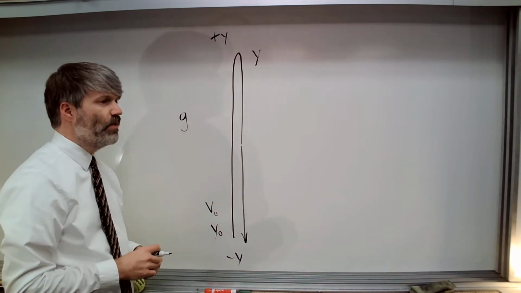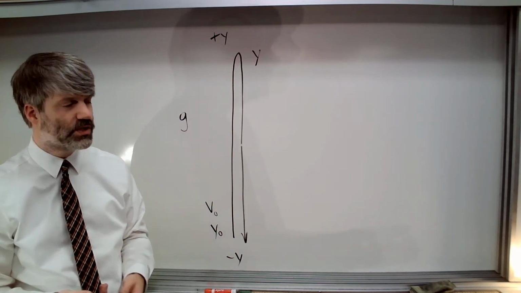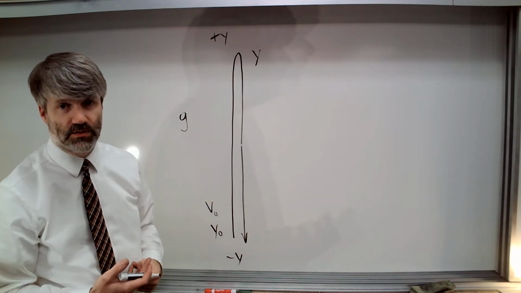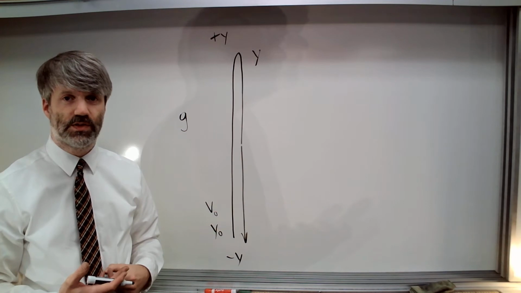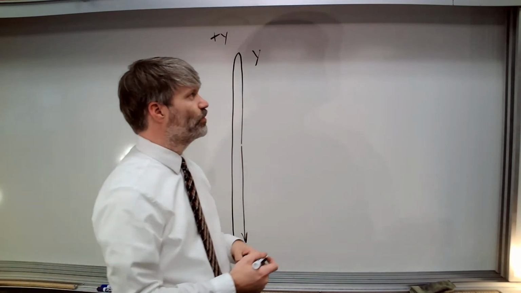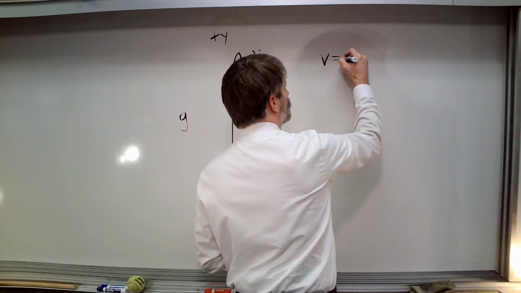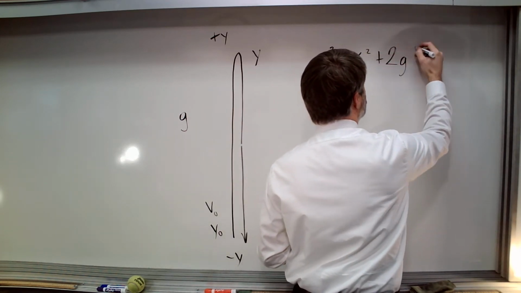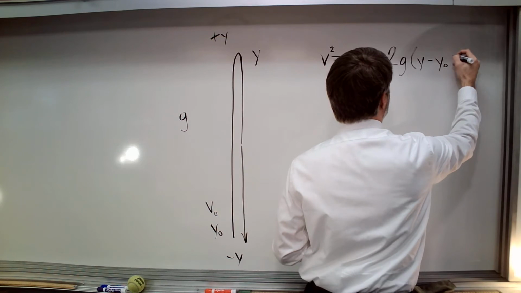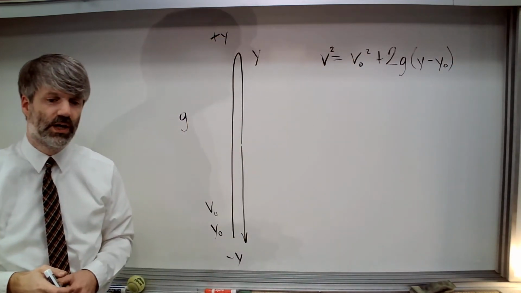Okay? Well, we'll take an equation. Notice that time is not involved in this, so we probably need an equation where time is not involved also. So let's look for one, and we'll find v squared is equal to v0 squared plus 2g times (y minus y0).